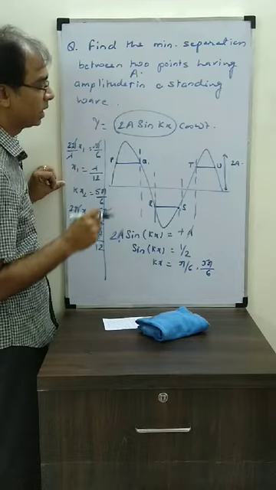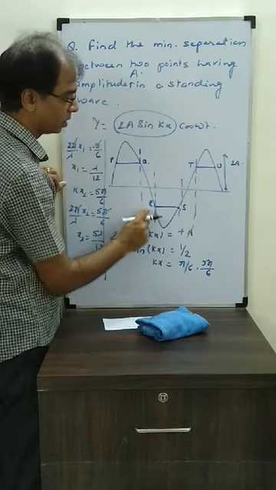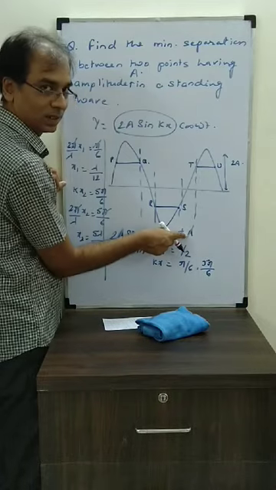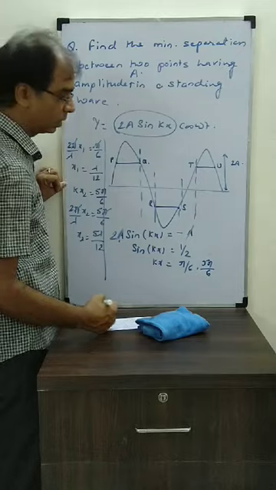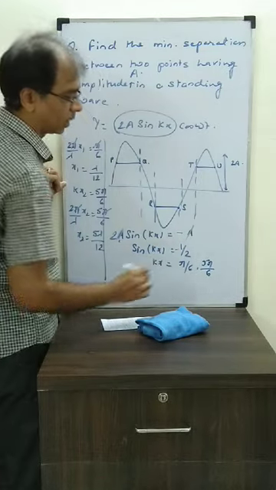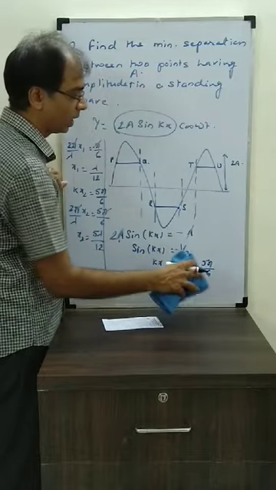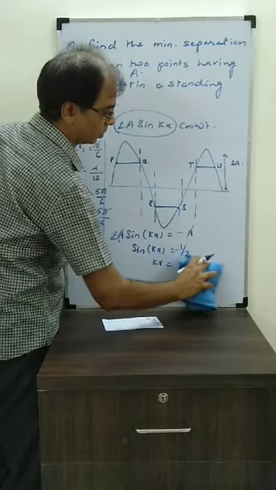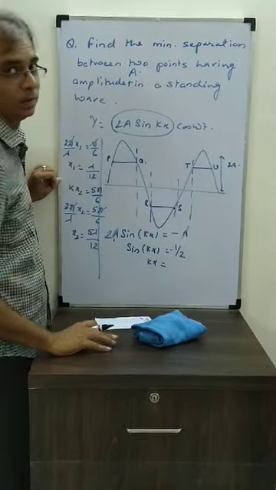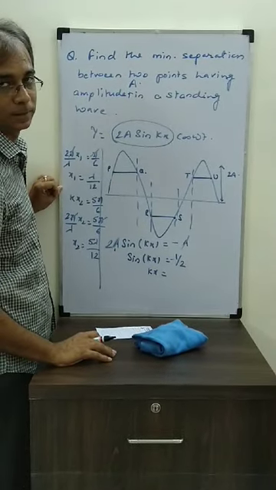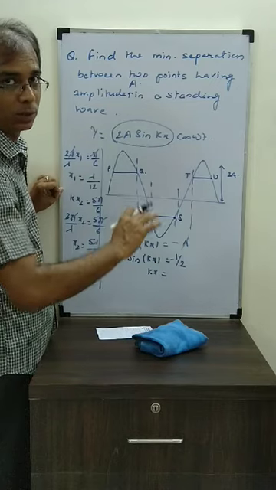Okay, now what is left? We have to find position of R. And for position of R, I have to write this plus A as minus A. Then this value will become minus 1 by 2. So if this is minus 1 by 2, then what will be the kx value? The kx value will become 210 degrees, third quadrant.